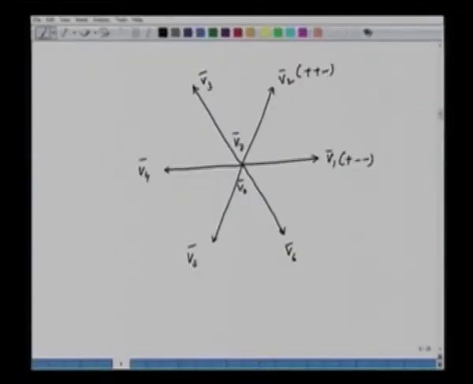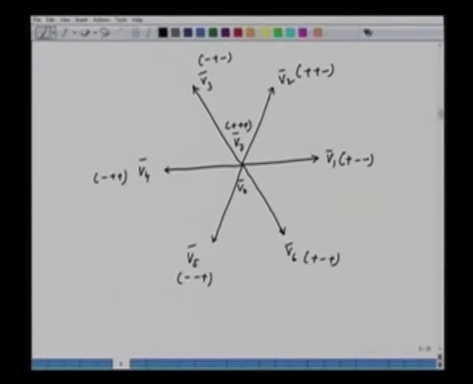Similarly, V2 was plus plus minus: the phase A and phase B upper switches are turned on, and the phase C lower switch is turned on. Similarly, V3 is minus plus minus, V4 is minus plus plus, V5 is minus minus plus, V6 is plus minus plus, and V7 is plus plus plus.